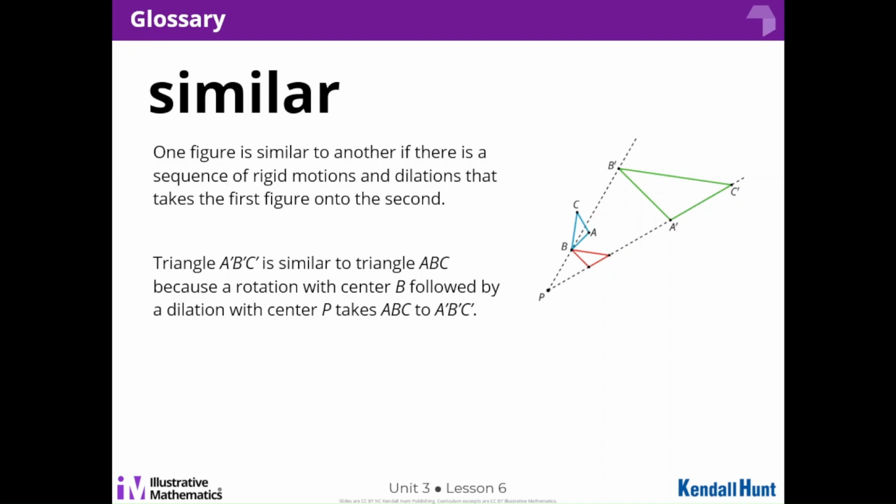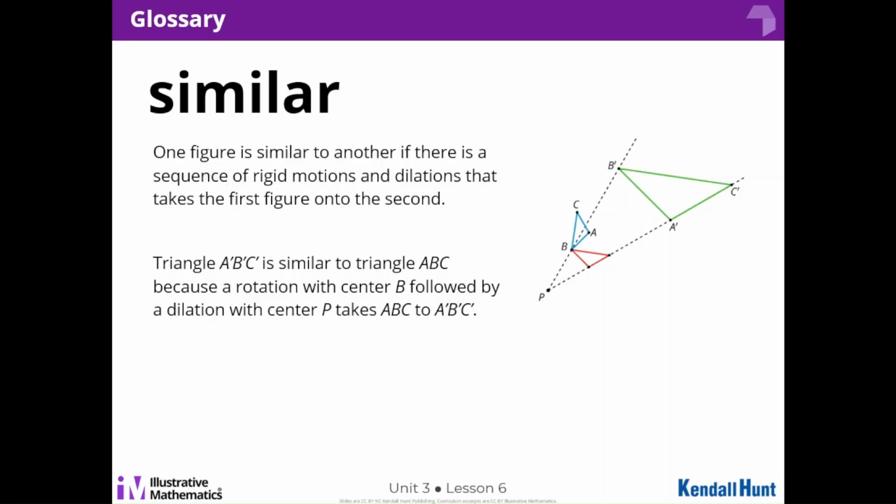The difference with similarity is that we're now allowed to use dilations as well. So we can use rigid transformations, but we need to dilate them because they're going to be bigger or smaller.